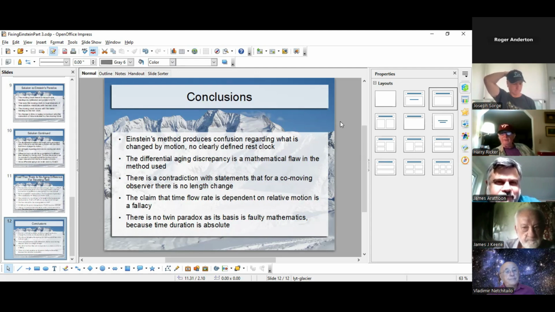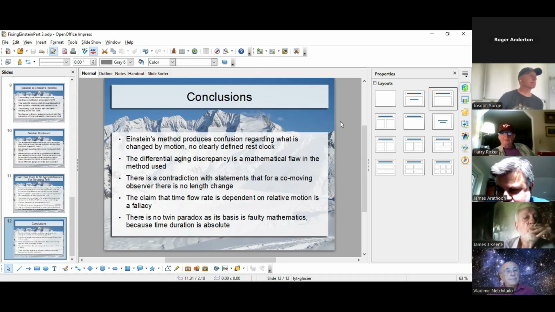And Einstein makes the assumption that the units don't change. They don't. Okay. And based on that assumption, when you get different clock measurements, the measurements have changed according to his theory. He doesn't take into account that the units also are changing.